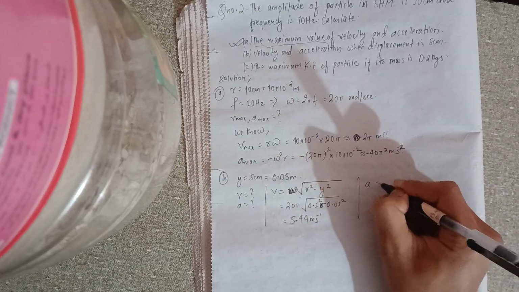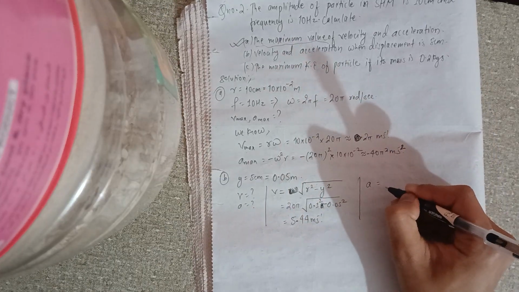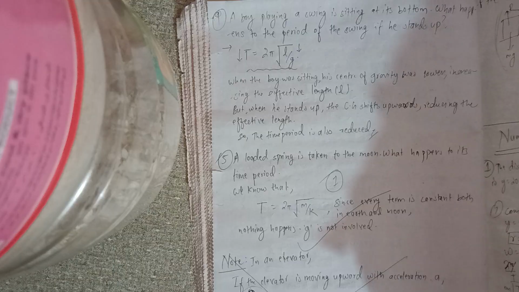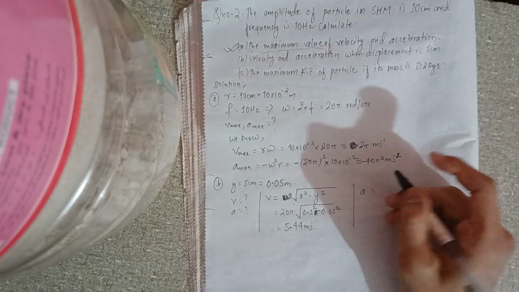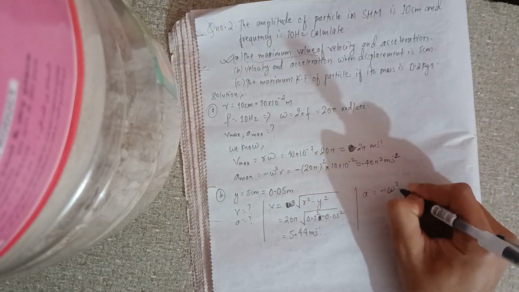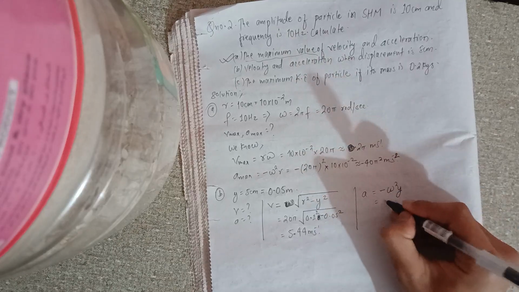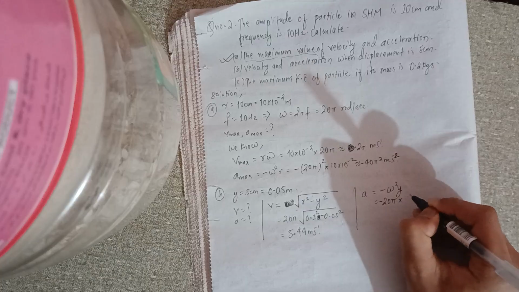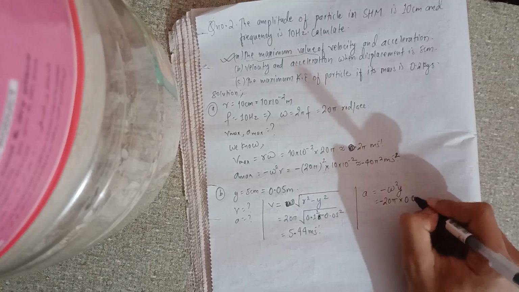Similarly, what is the formula of a? a is equal to minus omega squared y. We have omega is 20 pi, so minus 20 pi squared into y, which is 0.05.